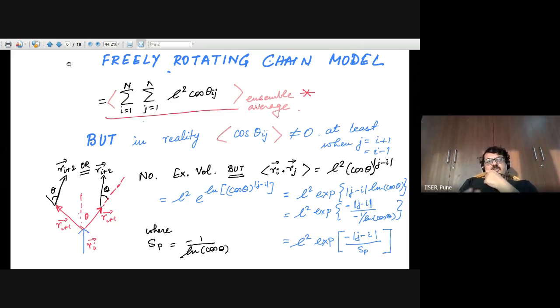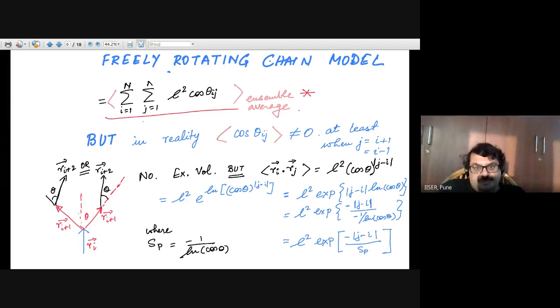Now, next, we'll very briefly touch upon the freely rotating chain model. So in the freely rotating chain model, suppose that this is a bond, and this is the next bond. So suppose this is bond vector i and this is bond vector i plus 1, then it can rotate about the axis, but the angle between this bond and the next bond is fixed at theta.